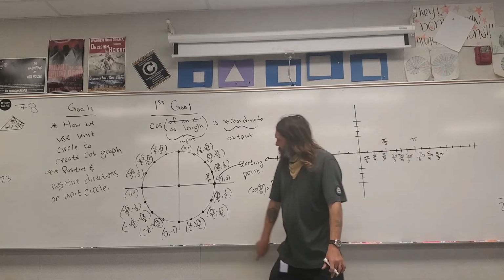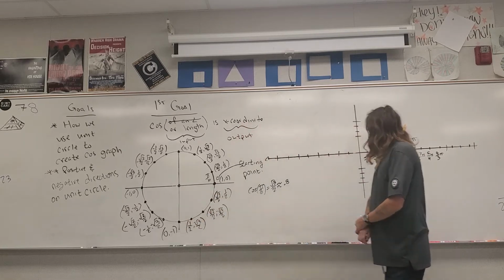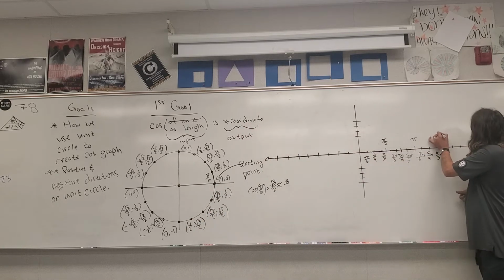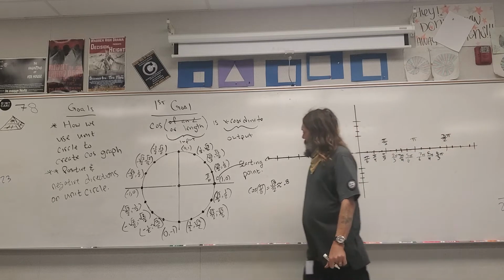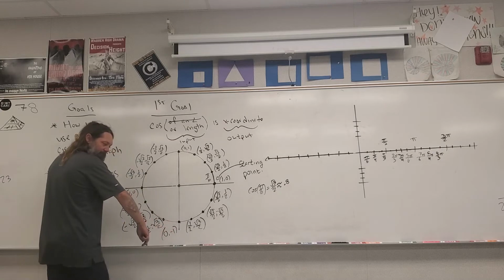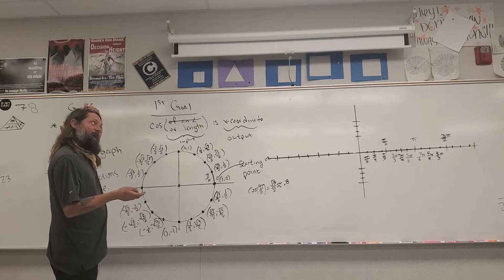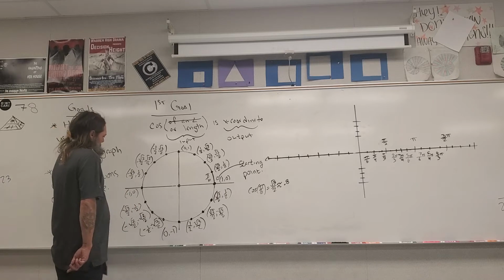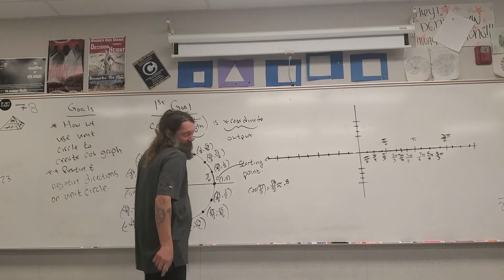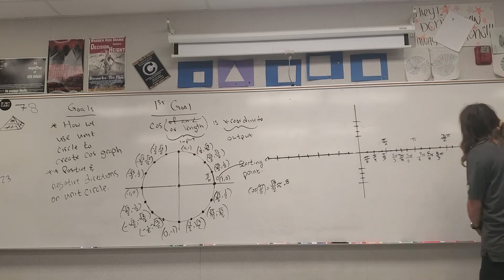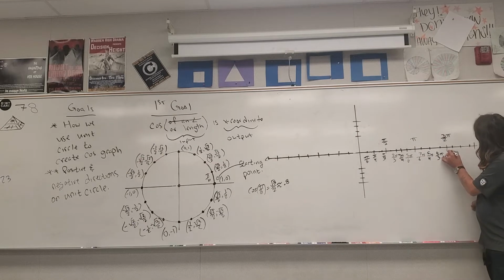And I just memorized that that's actually 3 over 2 pi. Let's see here. So that's 3 over 2 pi is, what is that? That's 9/6 pi. So this would be 10/6 pi, which would be 5 over 3 pi.